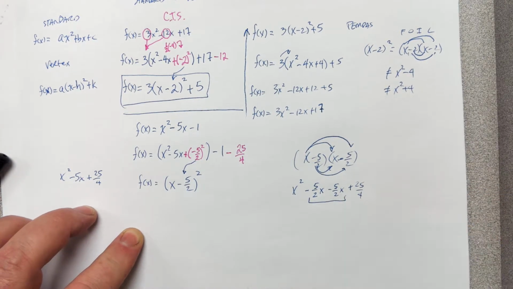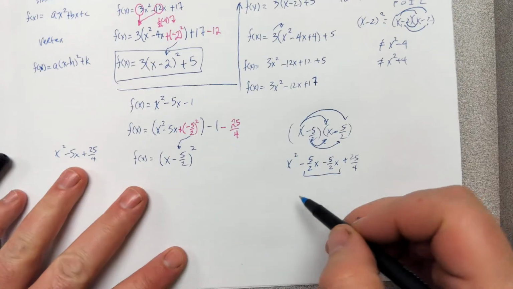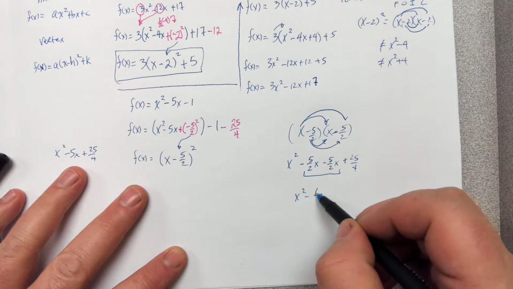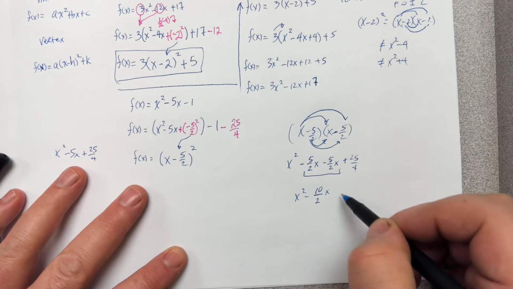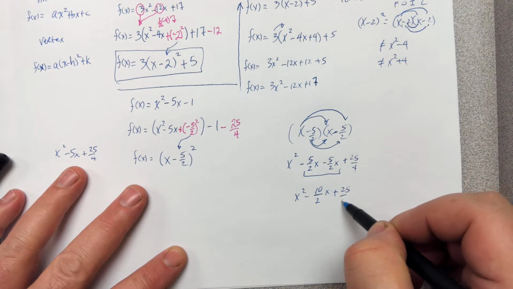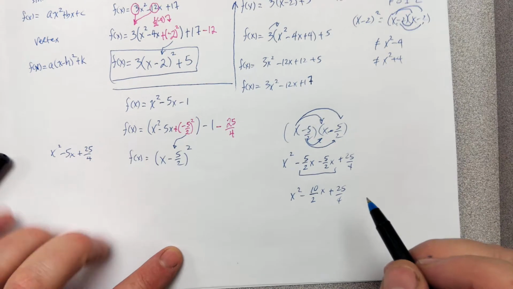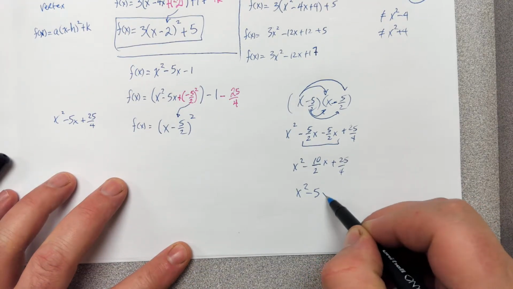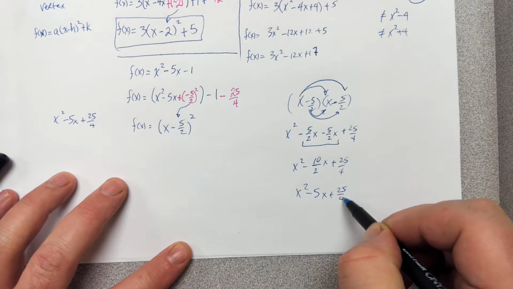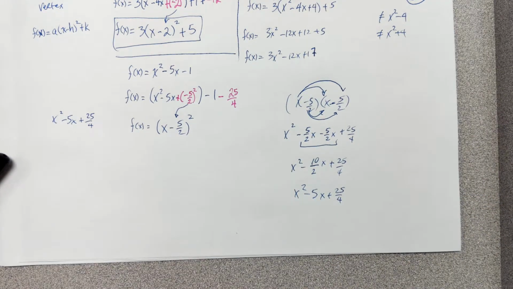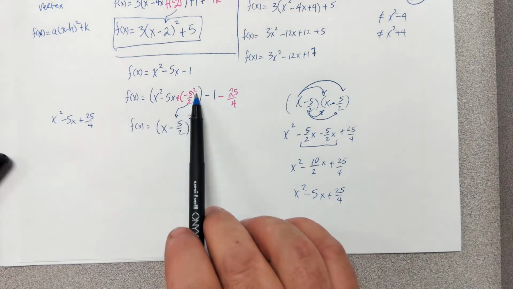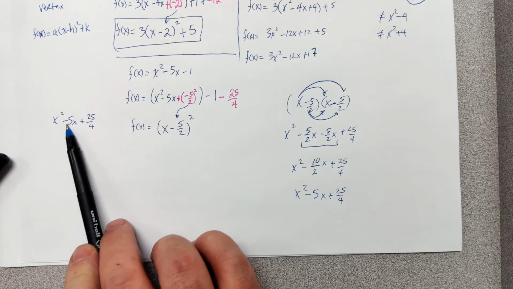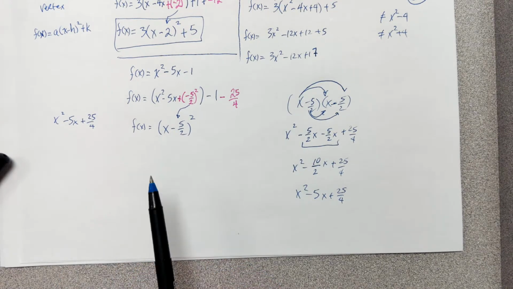We add these together: negative 5 over 2 minus 5 over 2 is negative 10 over 2, and 10 over 2 is 5. Yep, this thing multiplies to make that. The factors of this are x minus 5 over 2, squared.